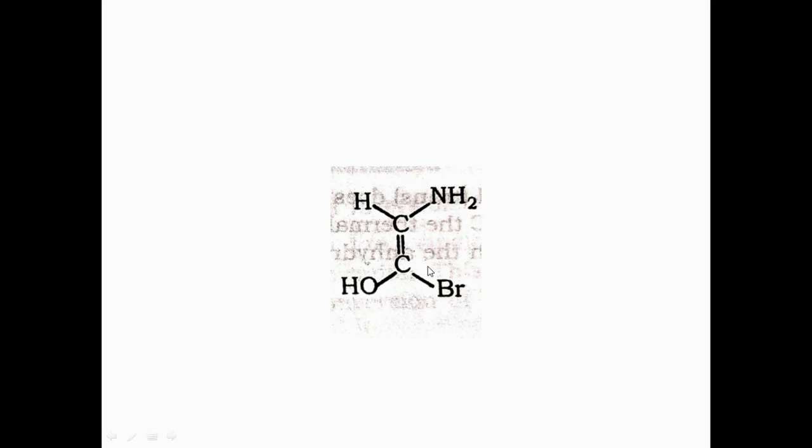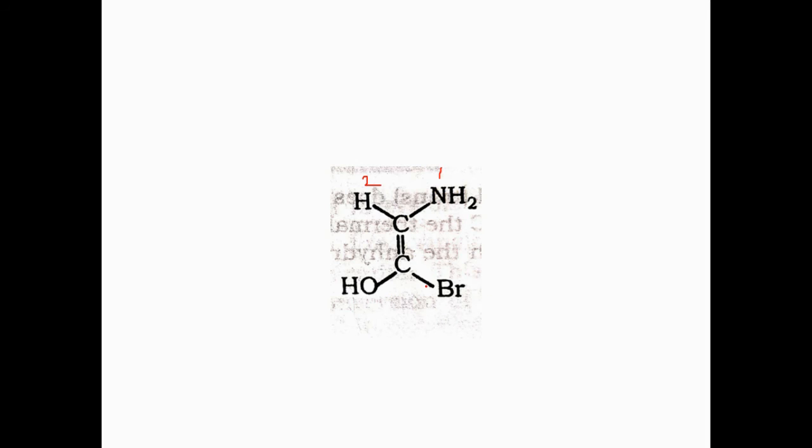Next, the third example is this one. In this case, carbon is directly bonded with nitrogen and hydrogen. The atomic number of nitrogen is 7 and hydrogen is 1. By comparing the atomic numbers, we give priority 1 for nitrogen and 2 for hydrogen.